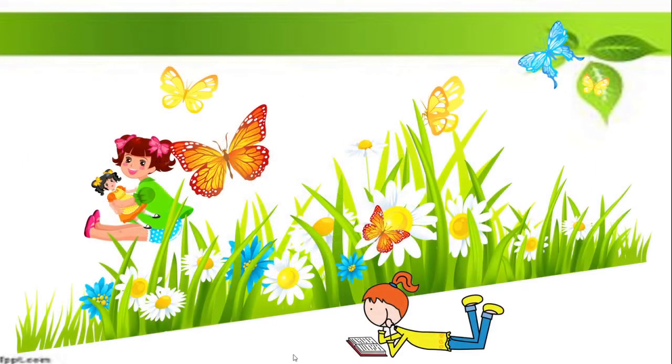Next, yes, here you can see two girls and a wall of grass, right? This is the wall of grass and here one girl is sitting with the toy and this girl is reading the book. Come on dear children, from this front view we have to tell who is behind and who is in front of this wall, that is grass wall.